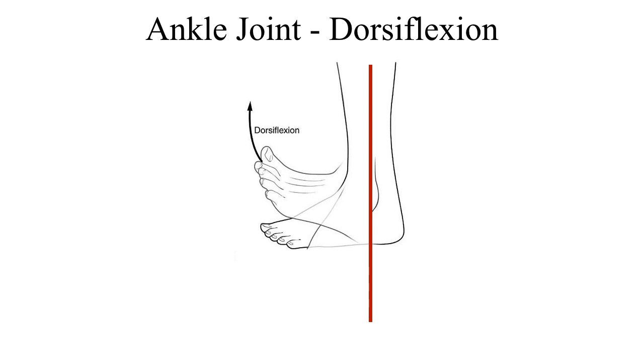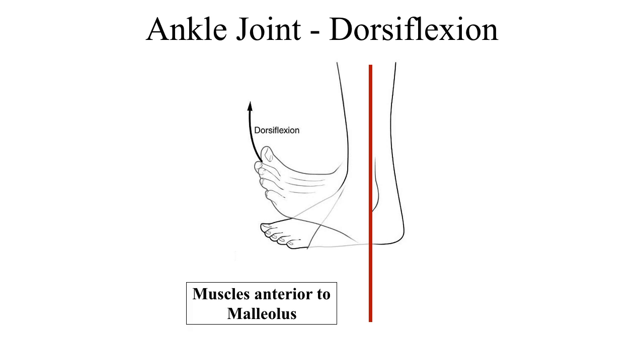When an axis is drawn along the lateral malleolus, any muscle which lies anterior to this axis will move the foot upwards, that is, cause dorsiflexion of the ankle joint.